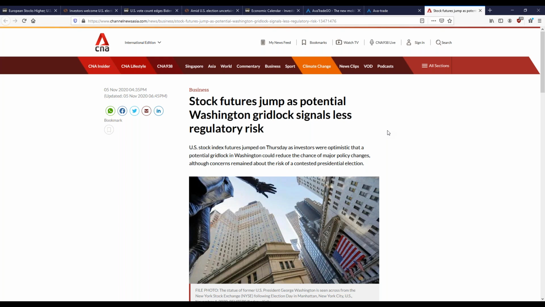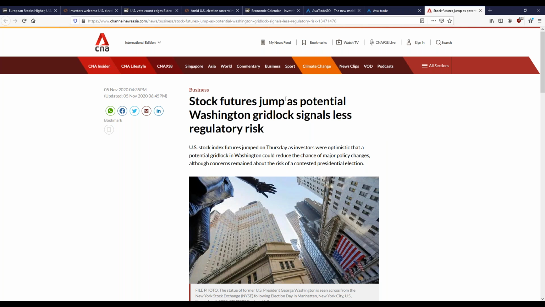So investors saw that the Republicans held the Senate and said, okay, even though Biden said he'd raise taxes on corporations, even if he wins, because Republicans held the Senate, they don't think there's a risk of the taxes going up. So boom, Wall Street's rising.